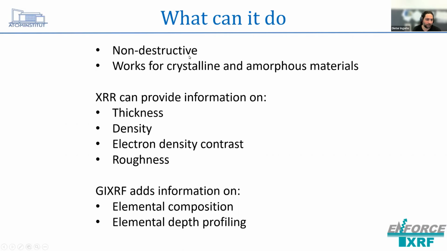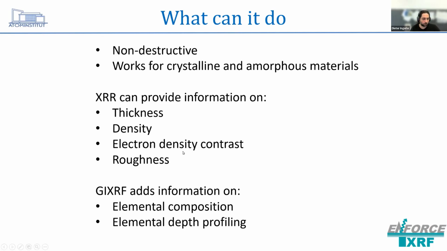If you give it a high intensity synchrotron beam, it can be a little bit more problematic, but typically in the lab, with X-ray tubes, there will be no problem of damaging your sample. Then one advantage is also that it works for crystalline and amorphous materials. XRD, for example, works only if you have crystalline samples, so amorphous are basically transparent. But we can, of course, analyze both.